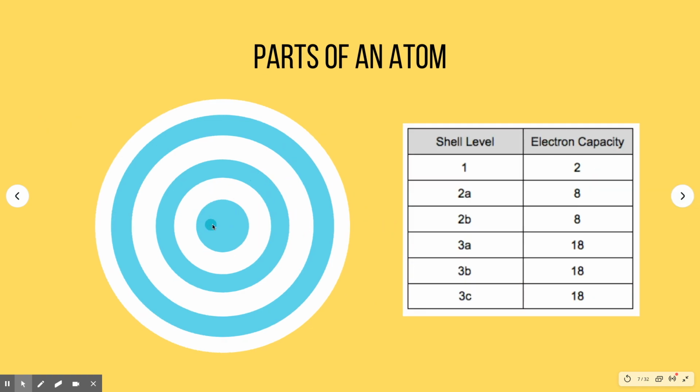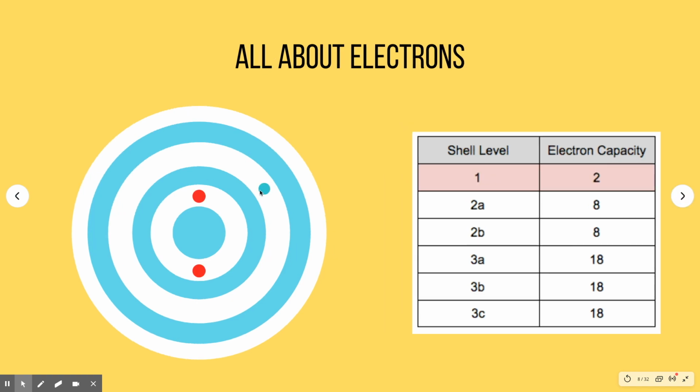It is important to remember that each of these shells hold a different amount of energy. They represent different amounts of energy. So the first shell we already are familiar with. The first shell holds a maximum of 2 electrons. So in order for this shell to become stable, it needs to have 2 electrons.